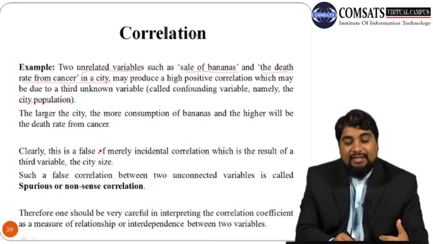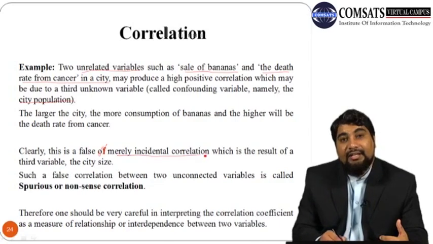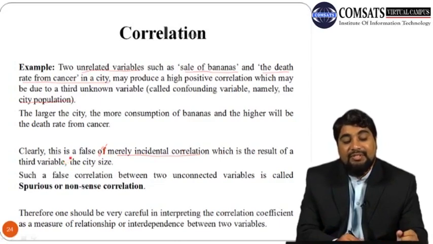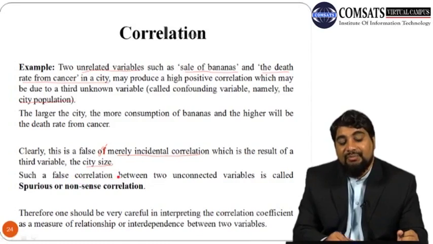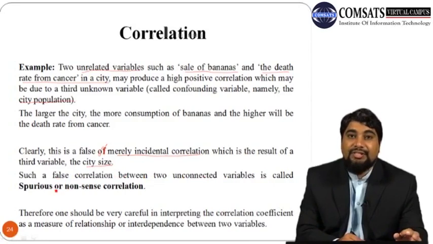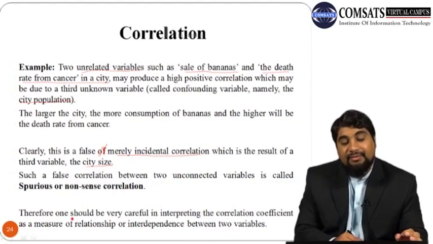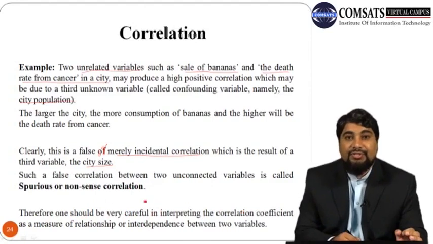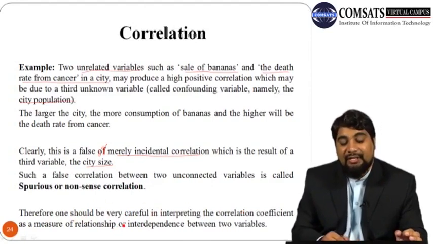So clearly this is a false, or merely incidental, correlation, which is the result of this third variable, the city size. Such a false correlation between two unconnected variables is called spurious correlation, or nonsense correlation. Therefore one should be very careful in interpreting the correlation coefficient as a measure of relationship or interdependence between the two variables.